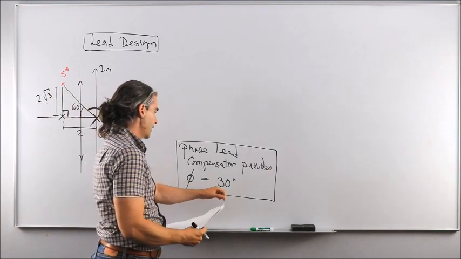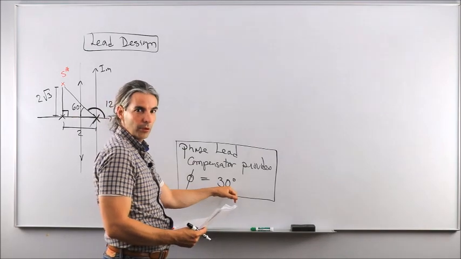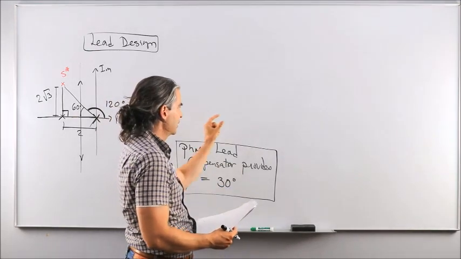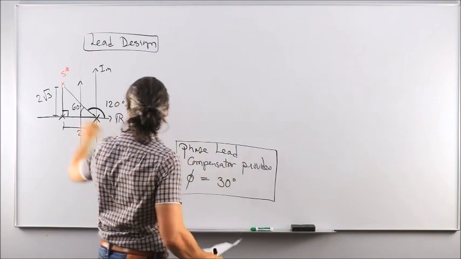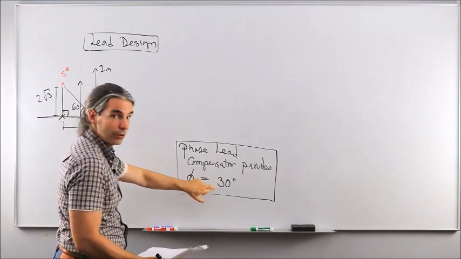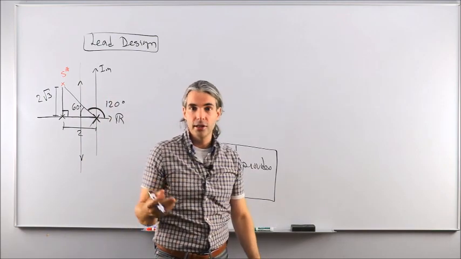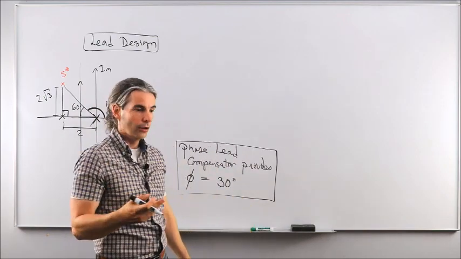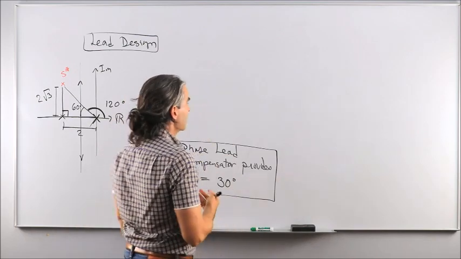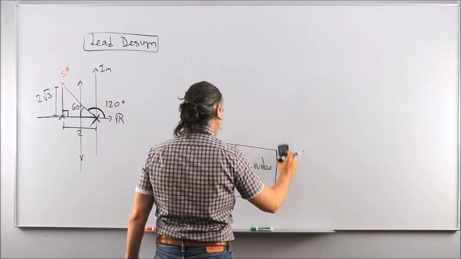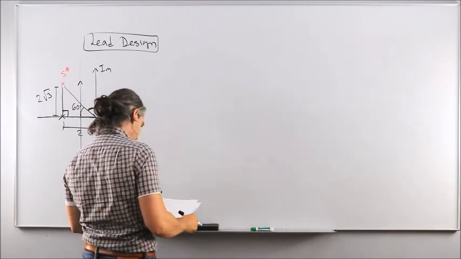So based on the fact that we know the net contribution, we can design a methodology that will ensure that by placing carefully the zero and the pole of the phase lead, their contribution onto S star will be exactly 30 degrees. There are many methodologies out there or strategies that will allow you to do that graphically or analytically through some equations. The one I was taught as an undergrad student is the one I like the most, and that's the one I'm going to teach you today, okay?